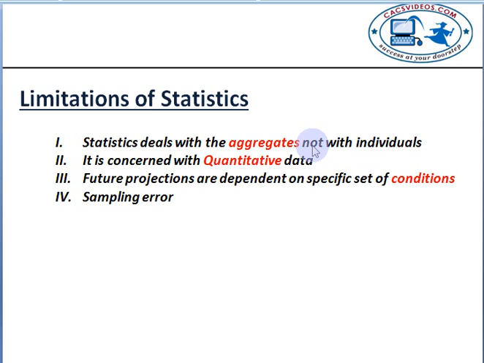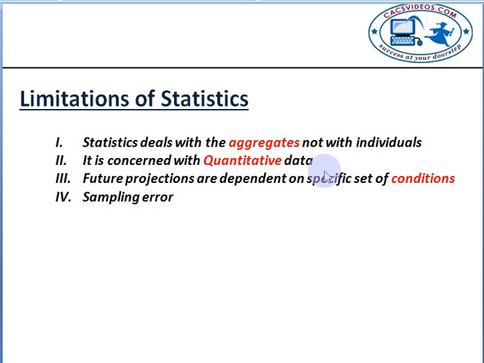So here, in order to make a comparison between data, you have to aggregate data, right? So statistics deals with aggregates of data, not with individuals. This is the first limitation. The second limitation is that it deals with quantitative data, not with qualitative data. However, in a few cases, qualitative data can also be converted into quantitative data.